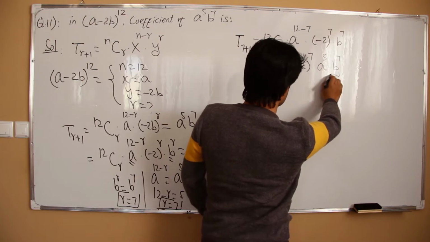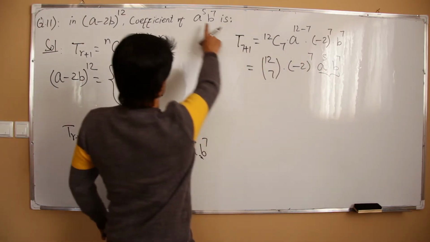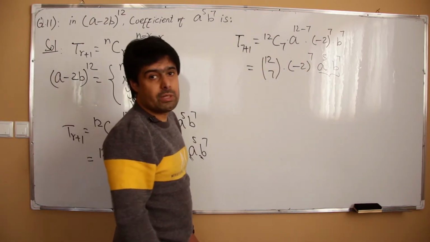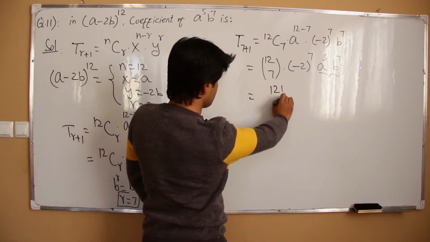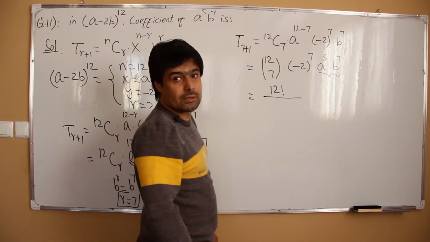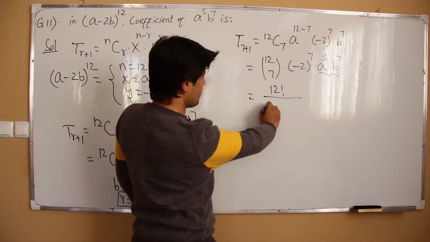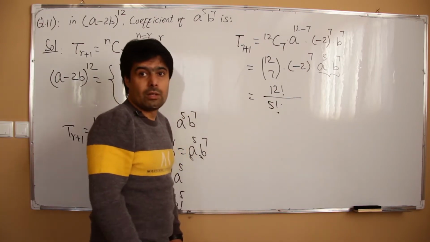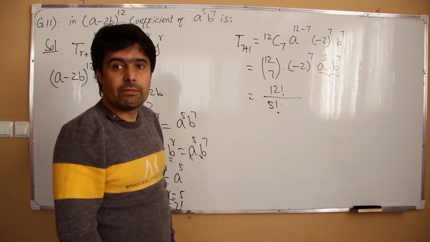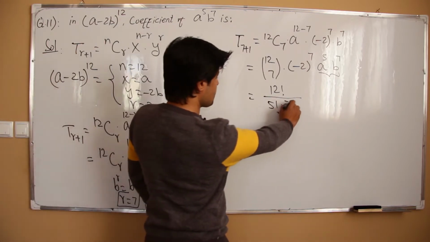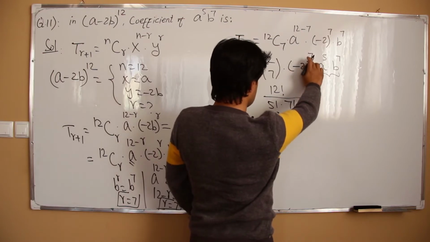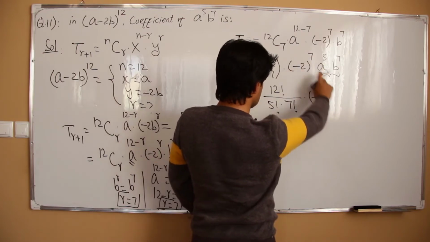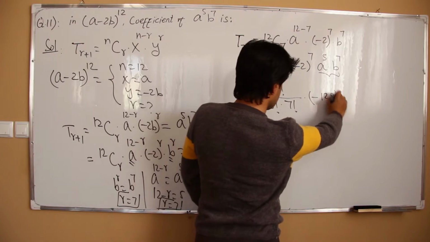Now the question is also the coefficient for a to the power 5, b to the power 7. We can have 12 factorial. 12 minus 7, we have 5 factorial. Am I right, Yana? 12 minus 7, we have 5 factorial times 7 factorial, and minus to the power odd number, it's minus 2 to the power 7, it is 128.